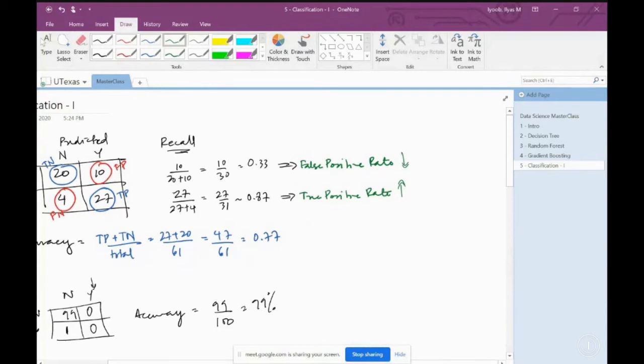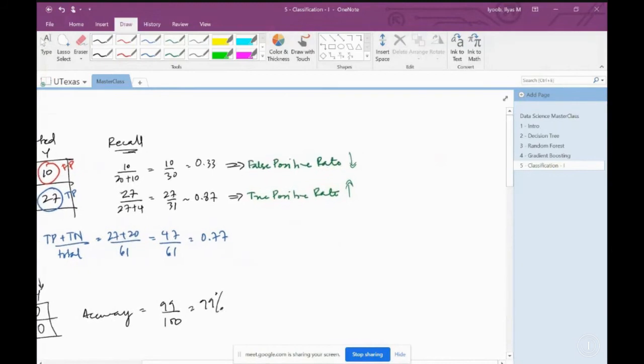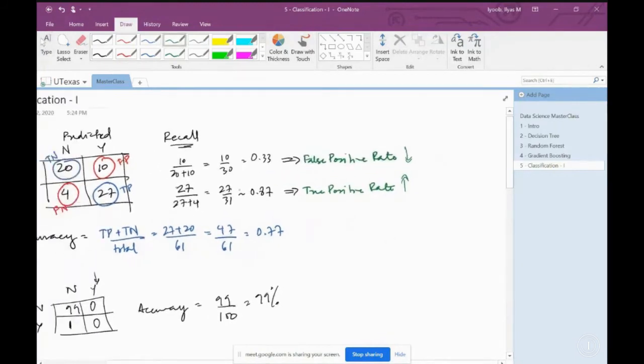Any model that gives a high true positive rate and a low false positive rate is good. So how do you measure that? How do you get that? So this is 1 point.